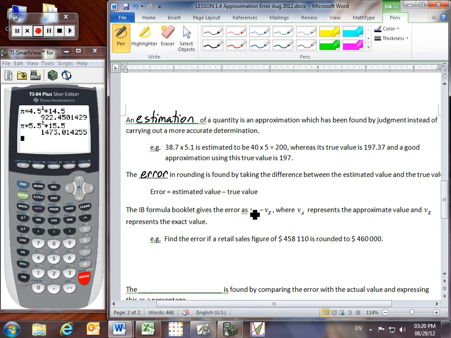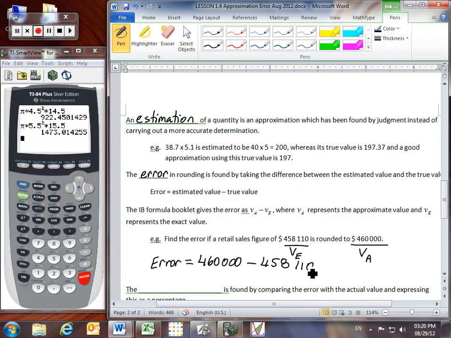So in this example, let's find the error if a retail sales figure of, okay, what's this? Is this the exact amount or the rounded amount? This is the exact amount. And this one is your approximated amount. So we know the error is just going to be the difference between them. VA, 460,000, minus VE, 458,110.